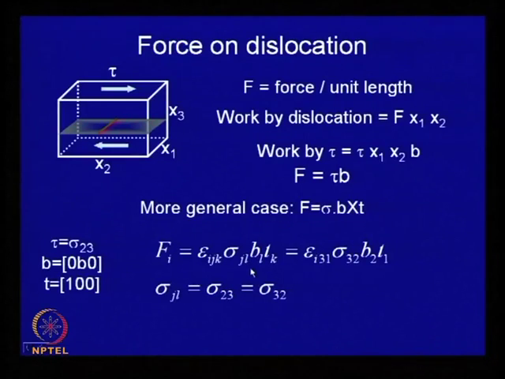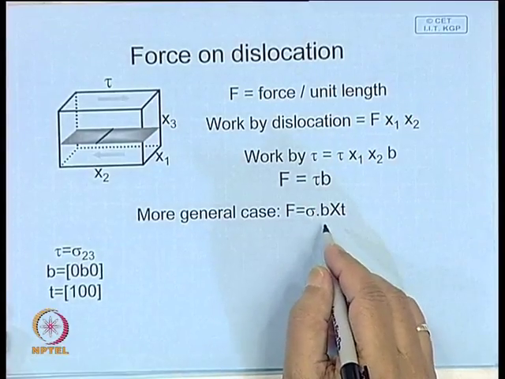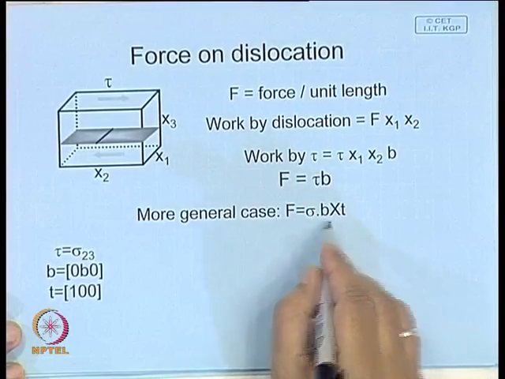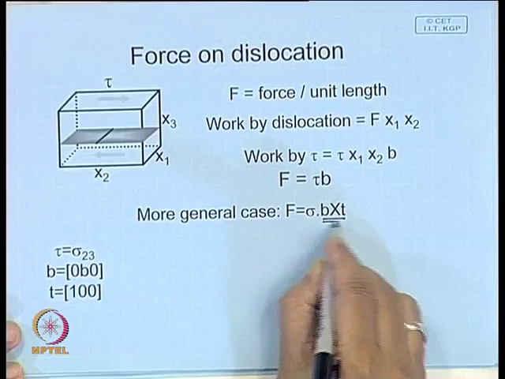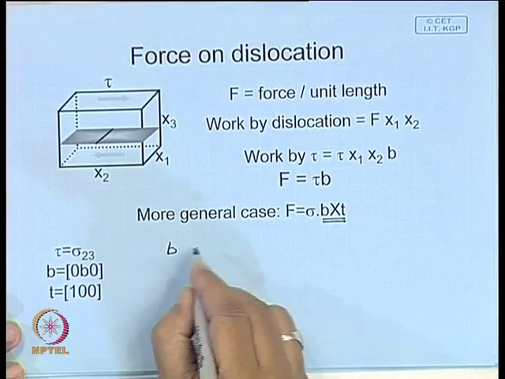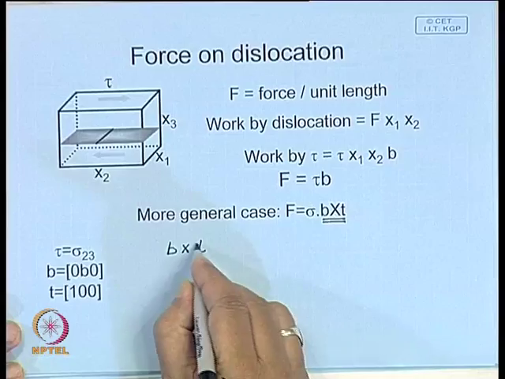To be more explicit, when we have to find a cross product, suppose we do a cross product of two vectors, b cross t.